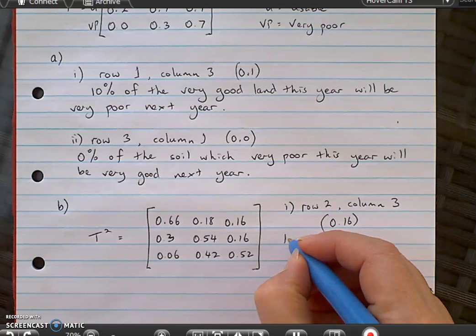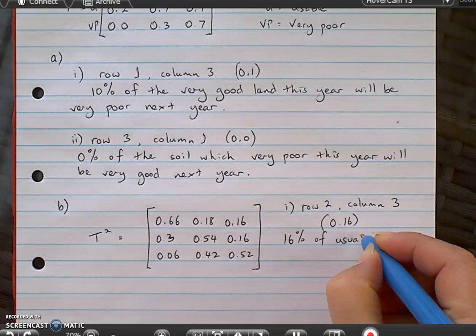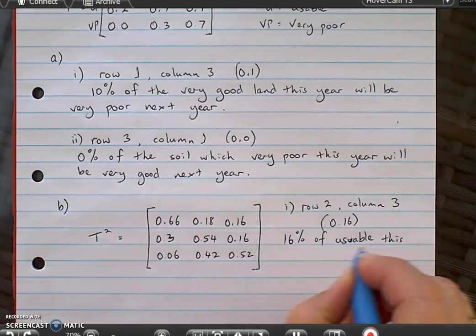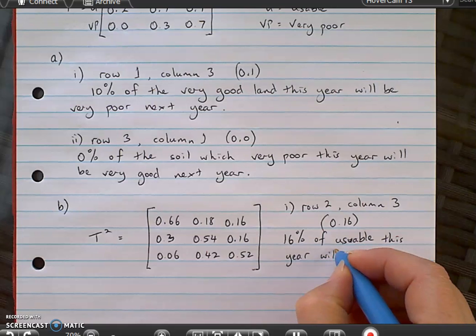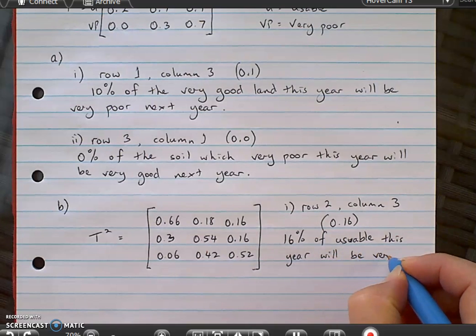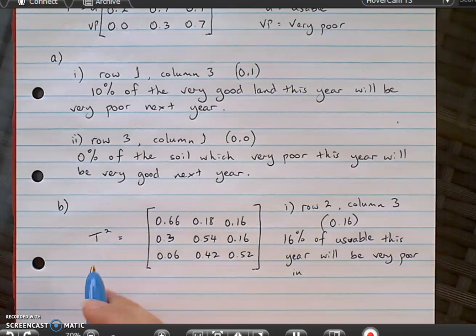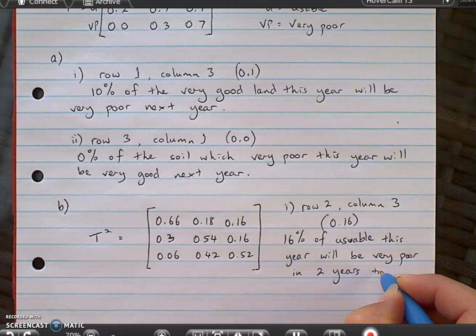So 16% of usable this year will be very poor in, now because it's squared, 2 years' time.